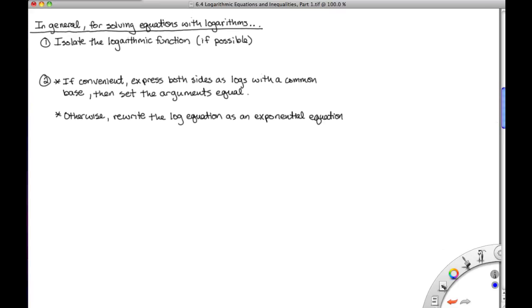As we saw, if possible, the first thing that we're going to want to do is isolate the logarithmic function. Now, isolating the logarithmic function, if possible, could mean one of two things.